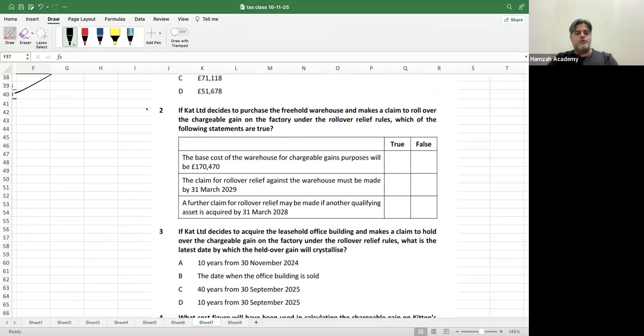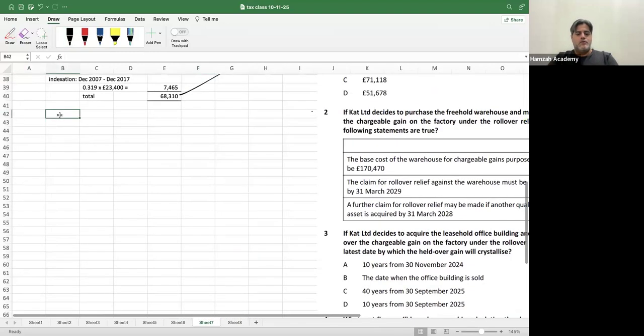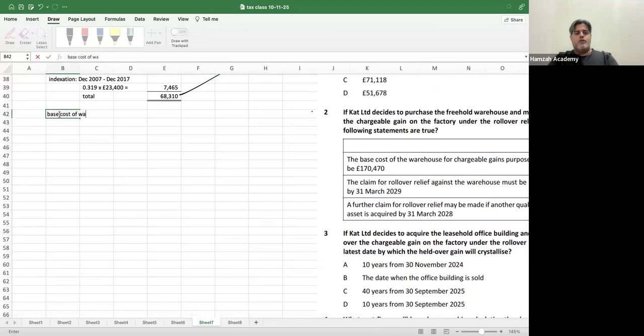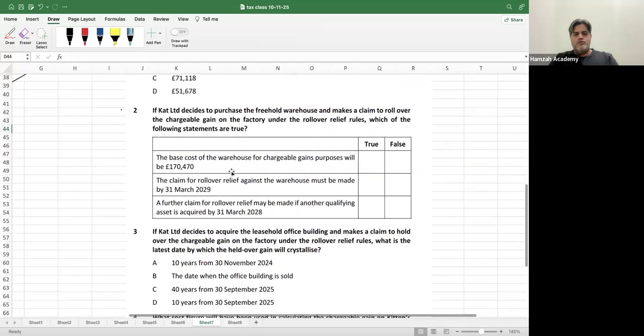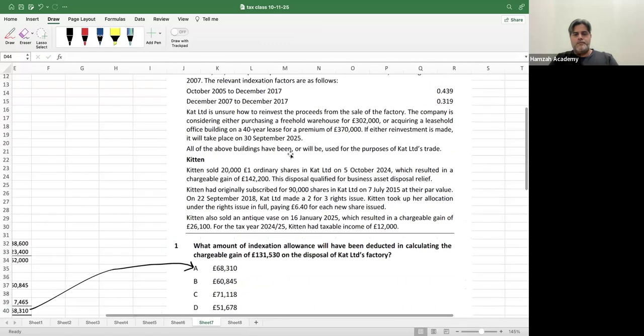We'll have to calculate the base cost of the warehouse. The cost of the warehouse is going to be 302,000.